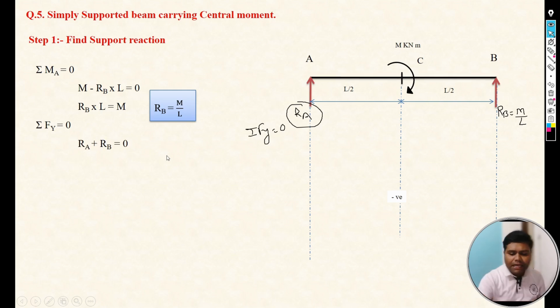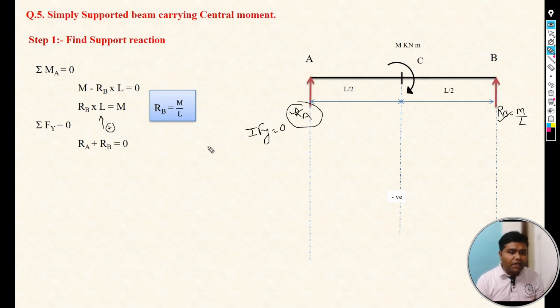So summation Fy equals 0. RA and RB both are upward, so take them as positive. While applying summation Fy, we need to consider the sign convention, and we have already decided that if a force is going upward, then we consider that force as positive. So RA plus RB is equal to 0.